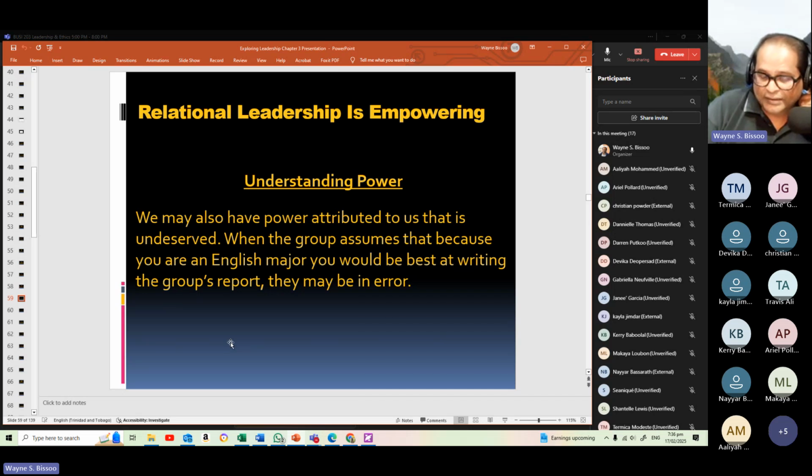We also get power attributed to people undeservedly because we assume certain things. So I like this example here. A group assumes that you are an English major and therefore you will be better at writing up the reports and correcting errors and maybe doing the editing and stuff like that. Now, we do have communication majors, but I don't think we have any in this class. But there may be that type of assumption.